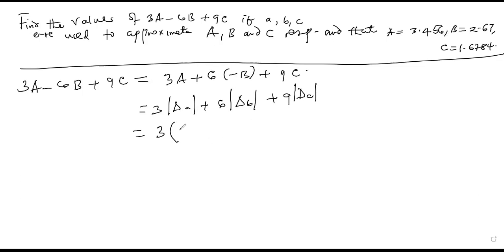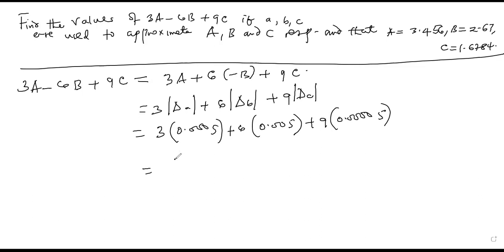These are 3 decimal places, so we shall have 0.0005. Plus 6 into delta B: B is 2 decimal places, so we shall have 0.005. Then C, 9 into 4 decimal places, so 0.00005. So this one will give you the value, which is 0.03195. So you can get the value here, add the value here, add the value here, and get that.